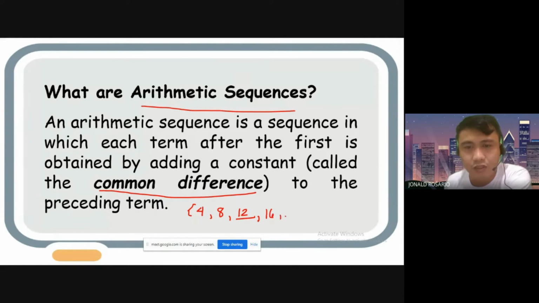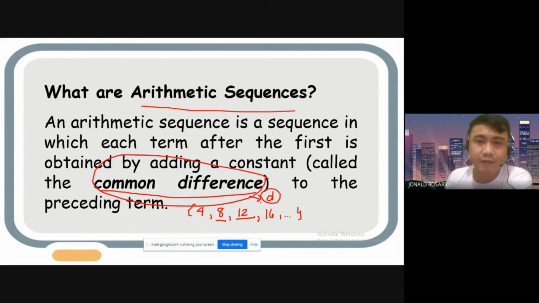And so on. At ang tawag natin dun sa inadd natin para makuha yung susunod na term ay common difference. Okay? And this is actually denoted by small letter d, common difference, doon sa ating formula later on.